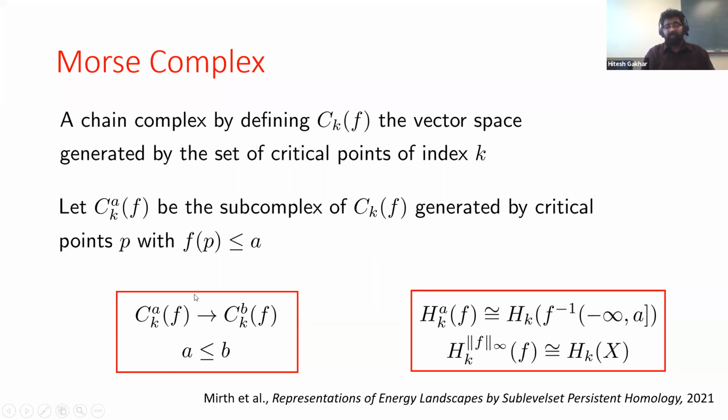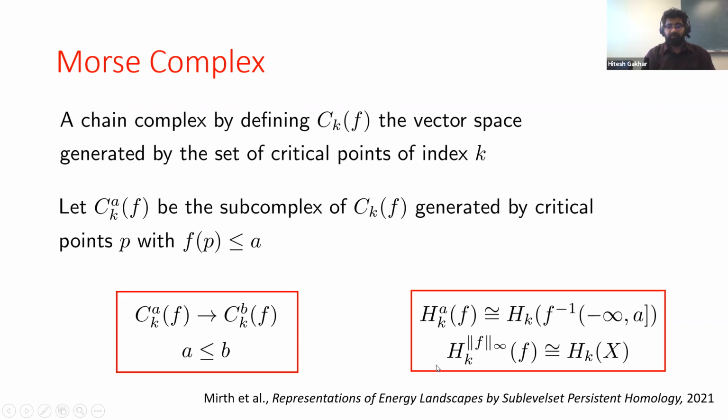So this essentially gives us maps between chain complexes at different indices. You essentially get a persistent chain complex, and what happens to be true is that HAKF, which is the kth homology of this complex CAKF for this fixed A, is actually isomorphic to the homology of this sublevel set.